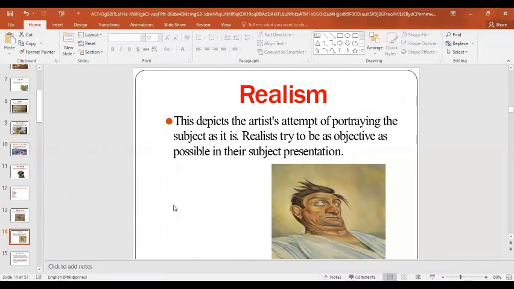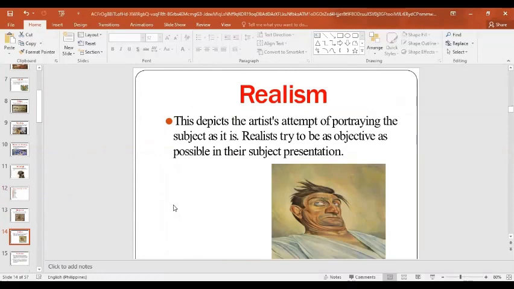Siya ay very objective. An example to this one, photography. Kung ano yung ma-capture natin dun sa event na yon or scene na yon, yun talaga yung nagpapakita, yung art na yun na nagpapakita nung reality na meron doon sa kinuhanan mo na picture.